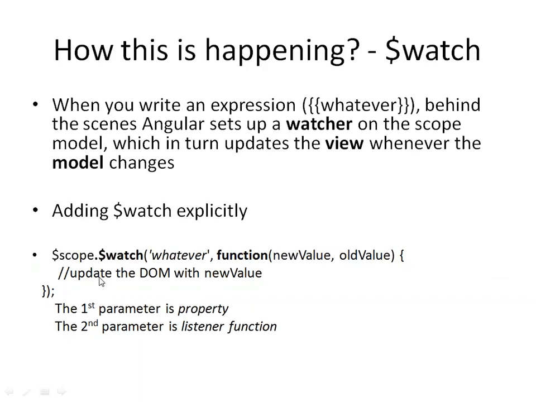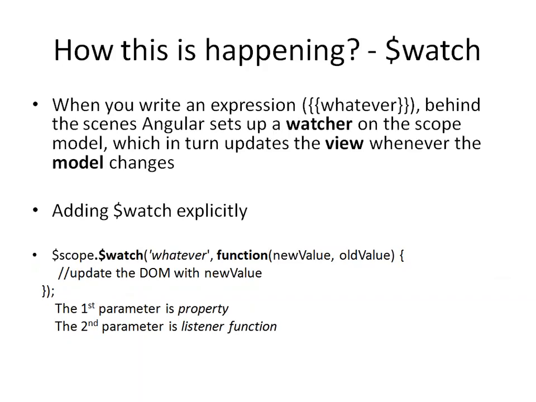We can add the watch explicitly in the code. For example, we have a variable name, with ng-model as name, available in the controller. $scope.$watch name, which should be given in single quotes. We can watch any specific model using this $watch. This is the built-in service of Angular.